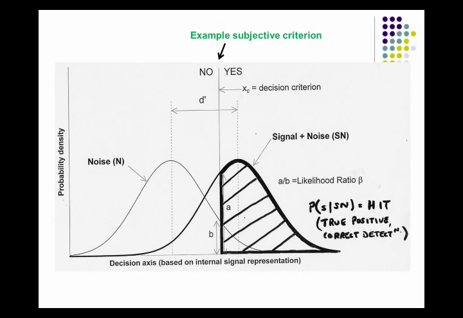It's not an ideal observer, so it's not in the middle, but slightly shifted to the right. So we've got the probabilities that I just said. The probability of a yes given signal plus noise is what we call a hit, or a true positive, or a correct detection. There was a signal, and the subject said yes, there was a signal. That's good. That's the probability outlined here.